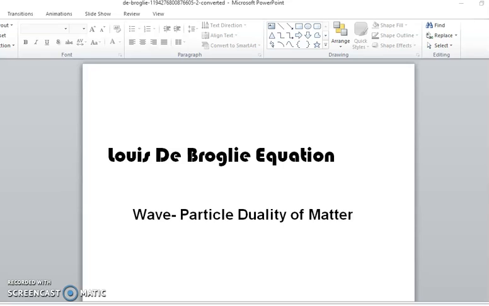Similarly, it shows some contradiction with Heisenberg's uncertainty principle, which we have not yet discussed. So all these were the certain difficulties of the so-called Bohr model of hydrogen atom.